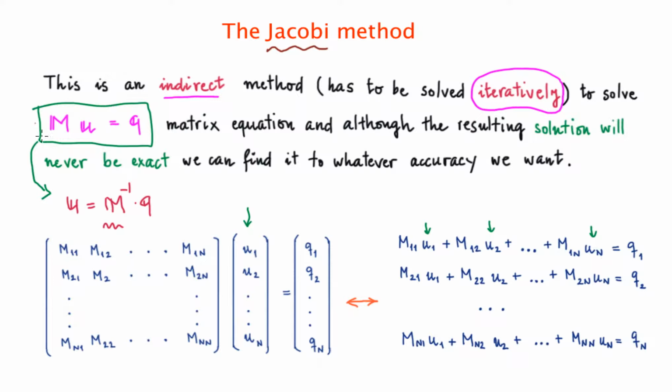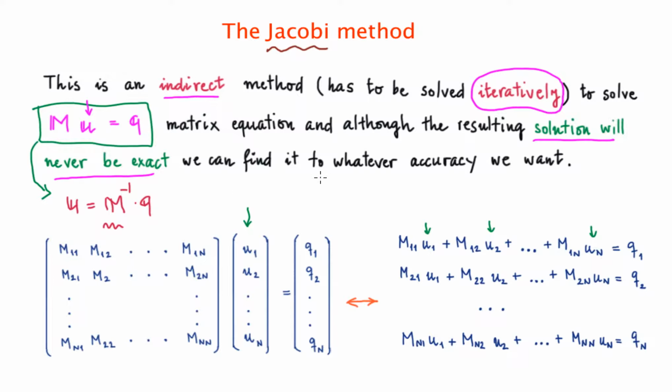We have to solve this matrix equation in order to get the expression for the values of the u vector. The drawback of this method is that the solution will never be exact.